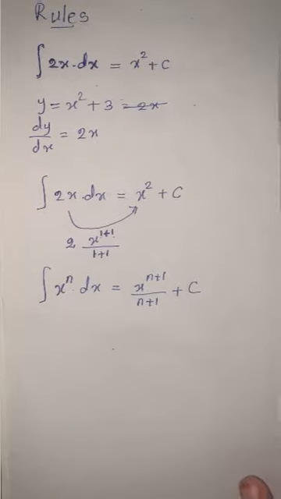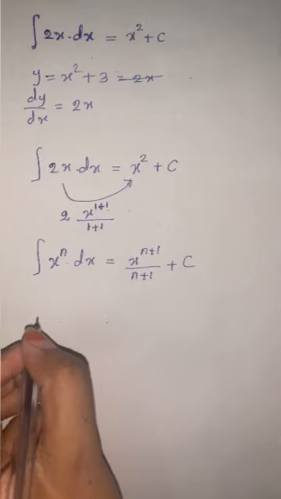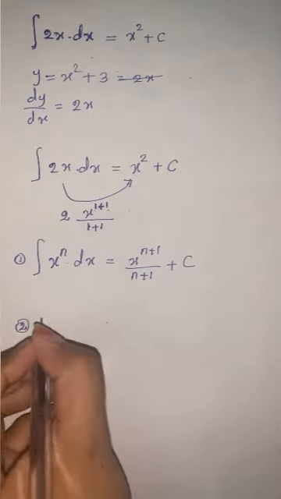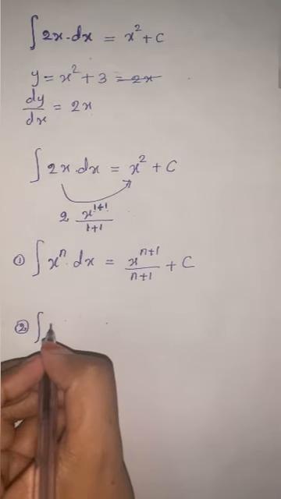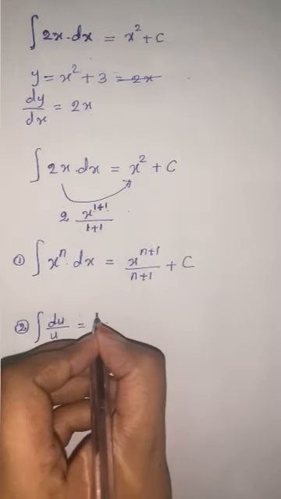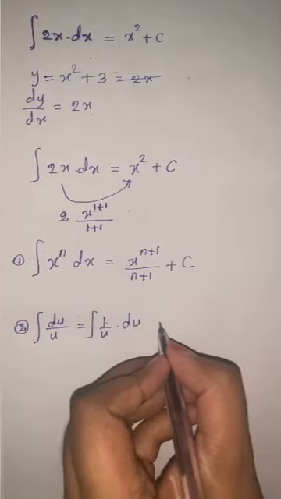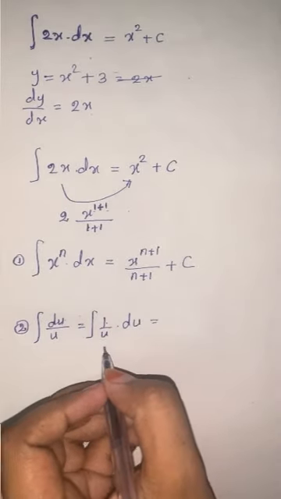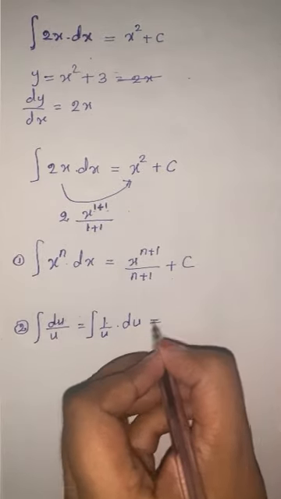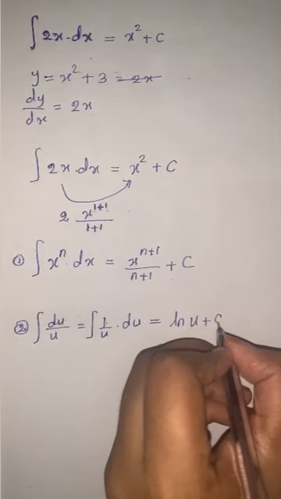This is rule number 1. Rule number 2 is, if you integrate 1 over u with respect to du, we know that to get 1 over u, you have to differentiate ln u plus c.